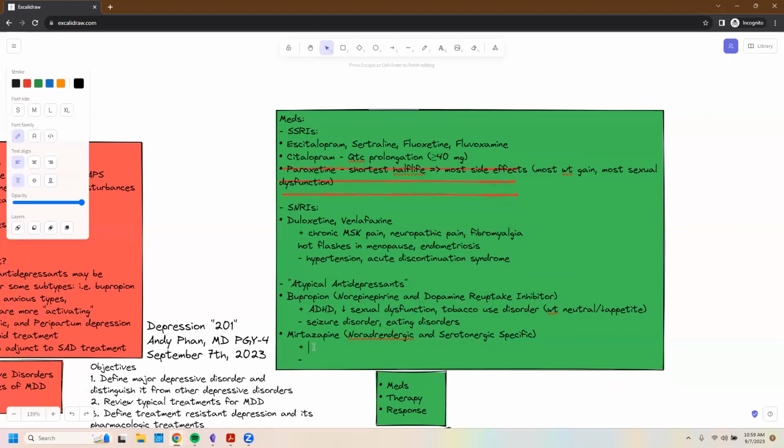So it's good that it is for insomnia and appetite stimulant. And obviously that's a negative side effect too, drowsiness, weight gain. There's also this interesting interaction of risk of serotonin syndrome with linezolid.